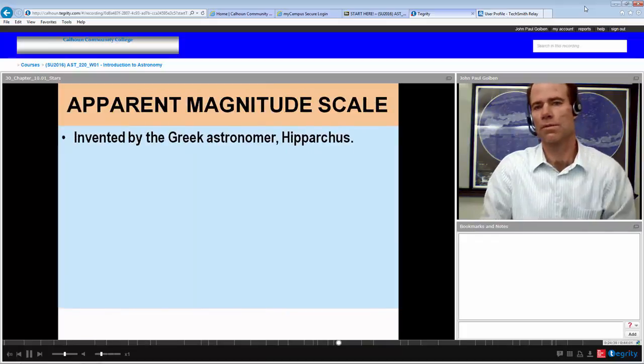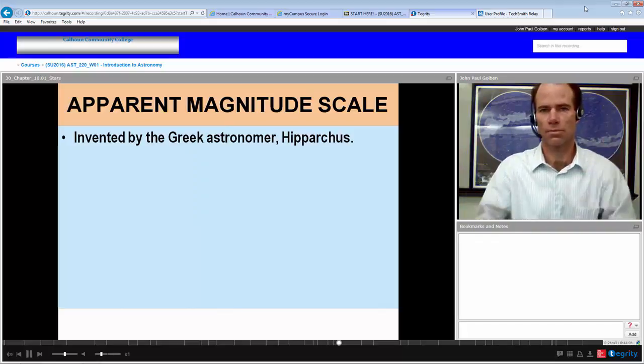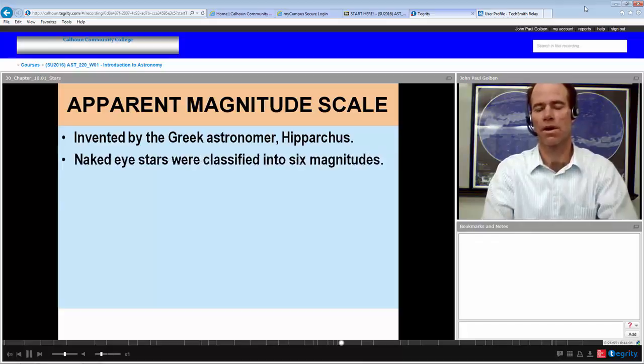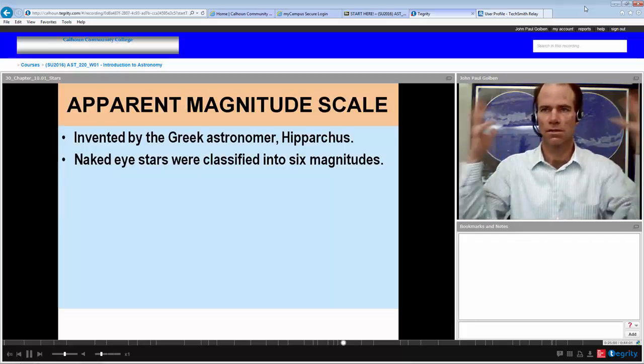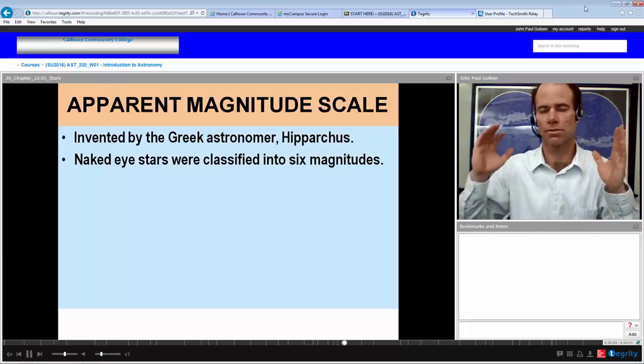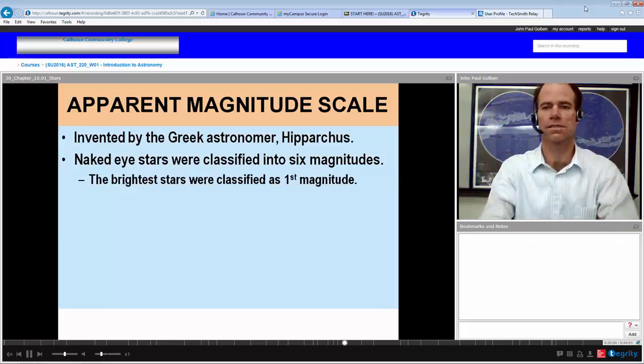Well, the apparent magnitude scale, the way that the brightnesses of stars appear to us as you look out in the sky, this scale was invented by the Greek astronomer Hipparchus. And on this scale, naked eye stars were classified into 6 magnitudes. So Hipparchus looked at all the stars that he could see in the sky and put them into 6 categories, 6 magnitudes.